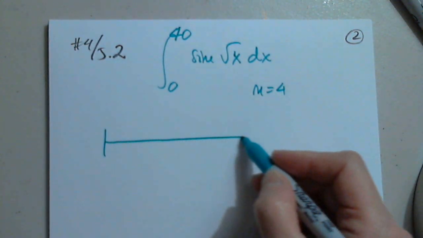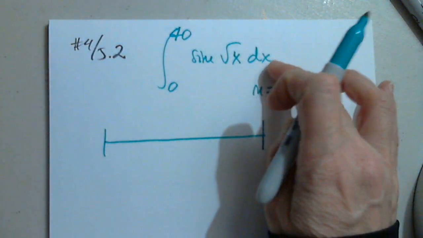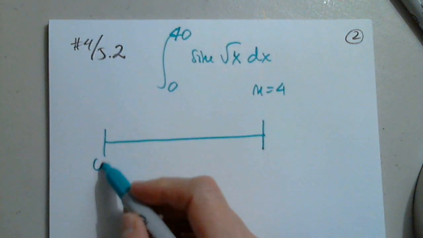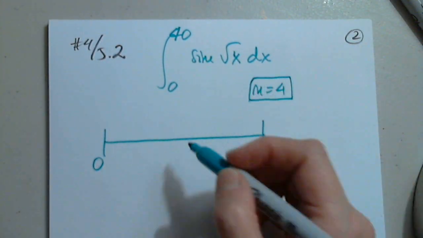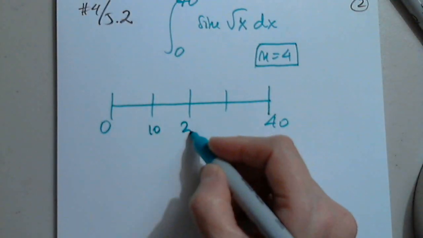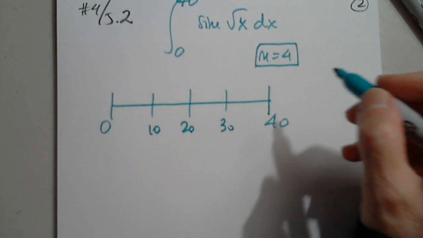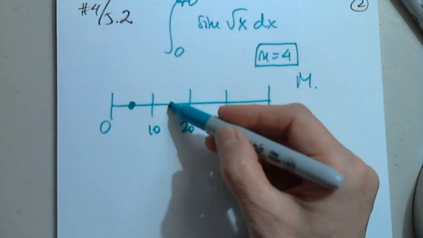So we always start with the interval. The interval is between 0 and 40. X is between 0 and 40. They're telling us 4 subintervals. Easy, nice. 10, 20, 30. If they want the midpoint rule, it means they want the midpoint.